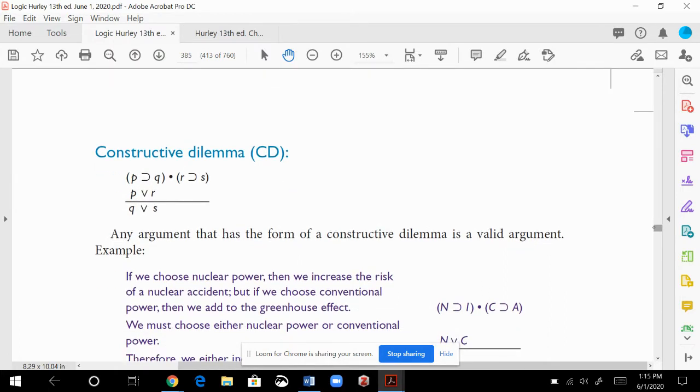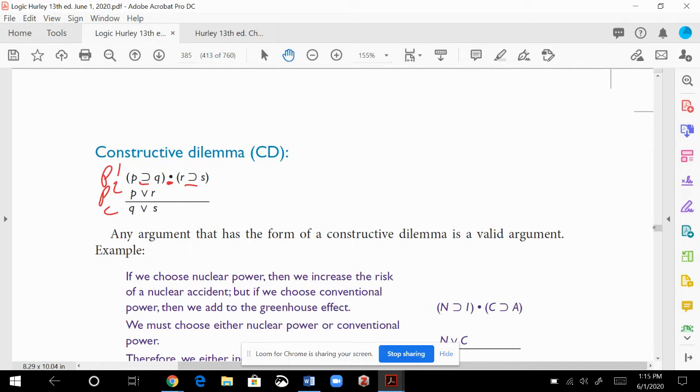Okay, so you have premise 1, premise 2, conclusion. And all you have to know is that premise 1 has 2 conditionals, and what's in between them is a conjunction. The second one is a simple disjunction, P or R, and the conclusion is a disjunction.